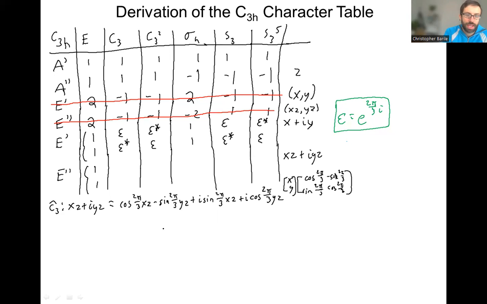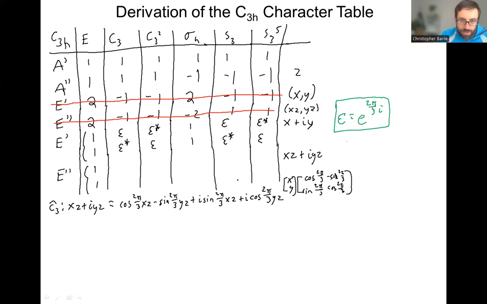At this point, we just have to factor out something here. This is very similar to what we did at the beginning of the previous part 2 video. Sorry, this should be an arrow because we're doing a transformation. It doesn't equal this. So what happens to this function when we do a C3?